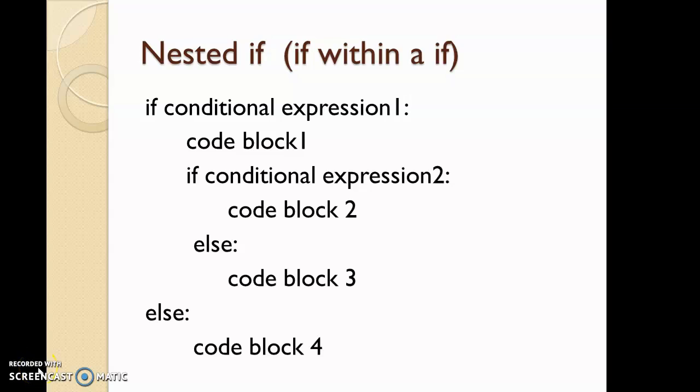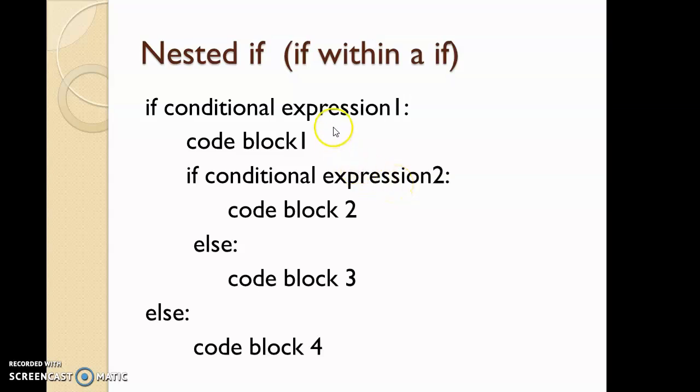Next control structure is nested if, that is if within an if statement. So how it operates: if the conditional expression 1 becomes true, code block 1 will be executed. Code block 1 has another if statement with a conditional expression 2.